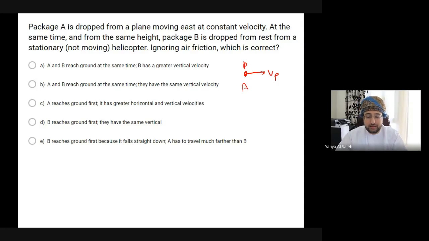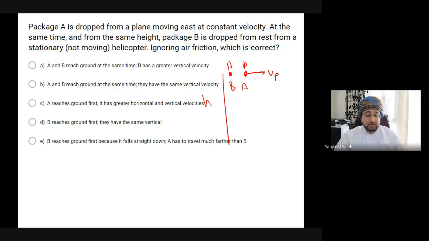At the same time, from the same height, package B is dropped from rest from a stationary, not moving helicopter. So the helicopter is not moving and it's dropping package B. Ignoring air friction, which is correct?